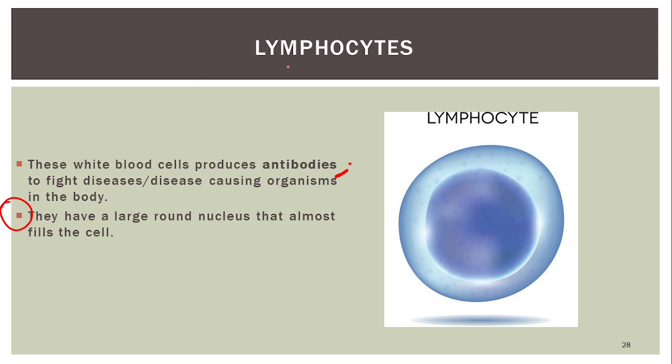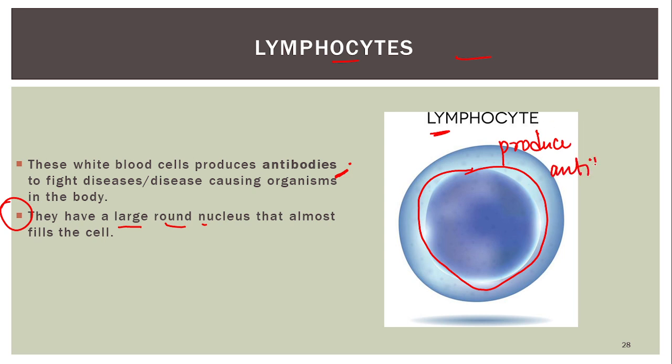Very important. What's the difference between lymphocytes and phagocytes? Lymphocytes have a large round nucleus which fills the cell, and phagocytes have a lobed nucleus. We must remember that the nucleus of the lymphocytes almost fills up the cell, and the lymphocytes produce antibodies to fight pathogens.